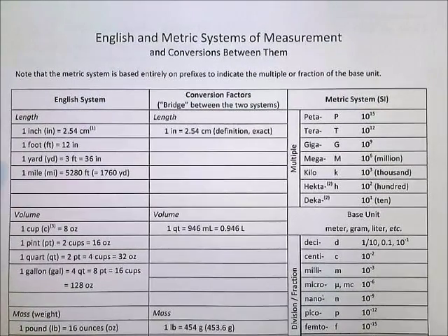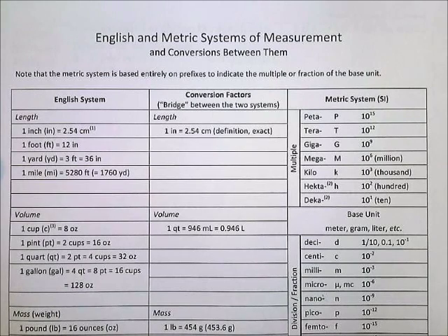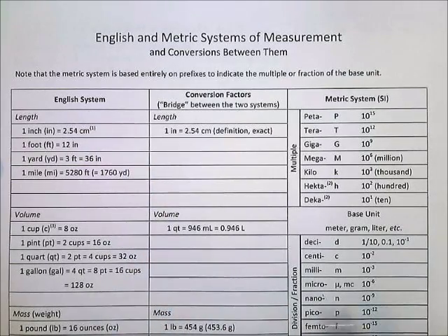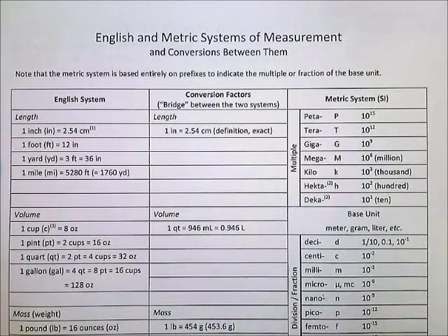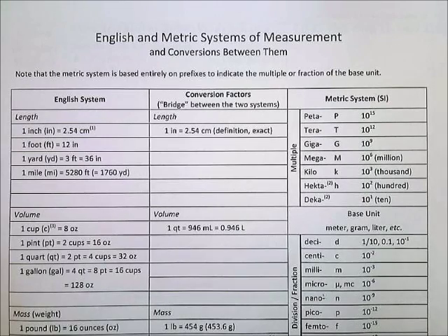It's a sheet that I made up for my classes a couple of years ago to summarize both the English system over here and the metric system over here, and then the conversions between the two in the middle. The English system most of us grow up with and don't have a problem with unless we get into some of the less common units.